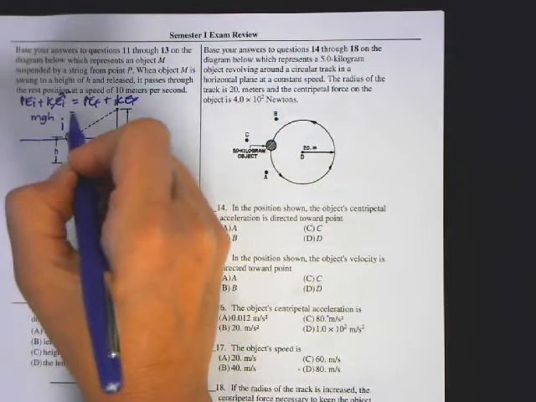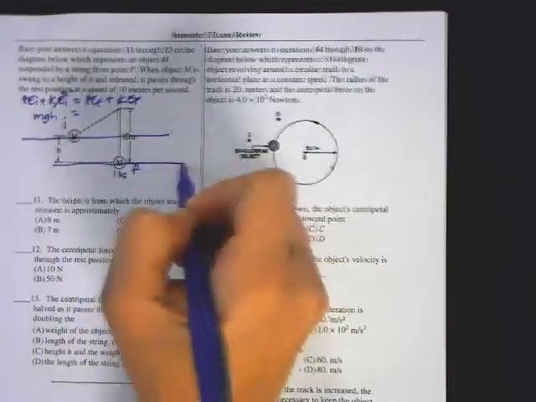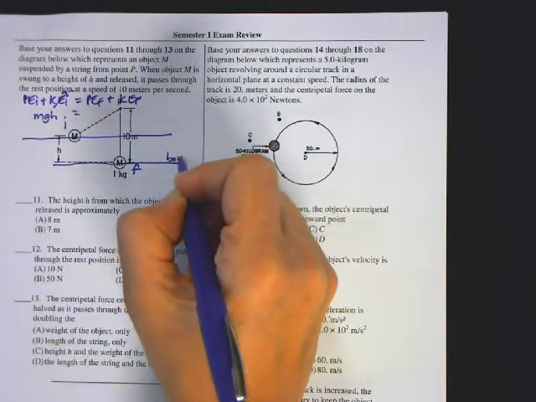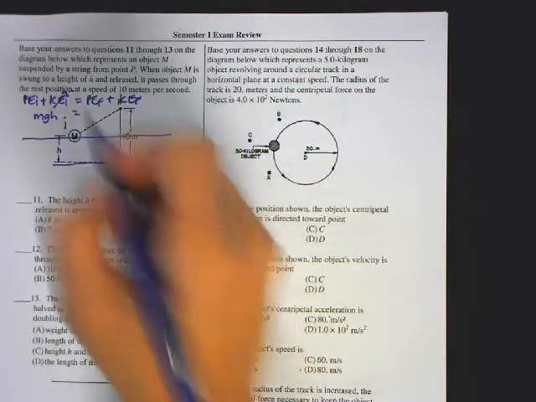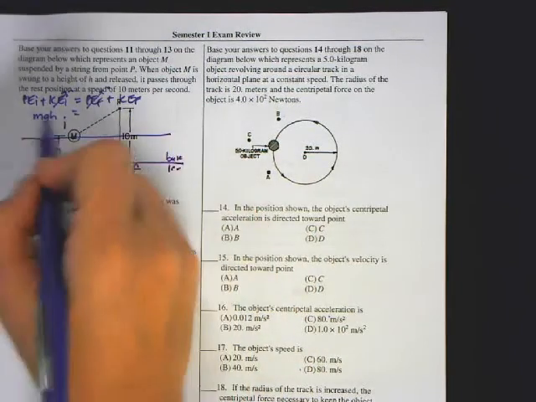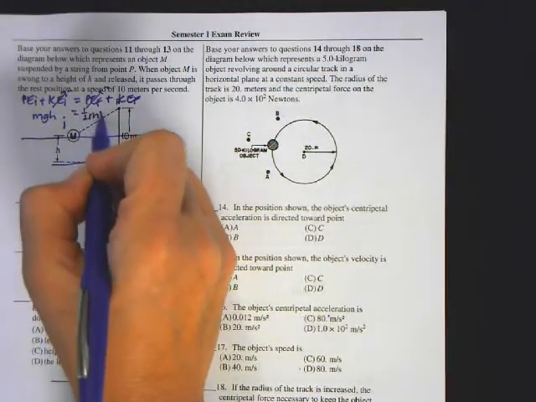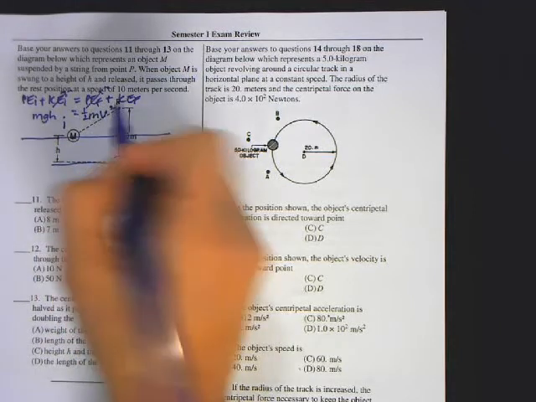And down here, this is our frame of reference, which is the ground, which is base level. So here, the potential energy is 0. So mgh is equal to 1/2 mv squared, 1/2 m vf squared.